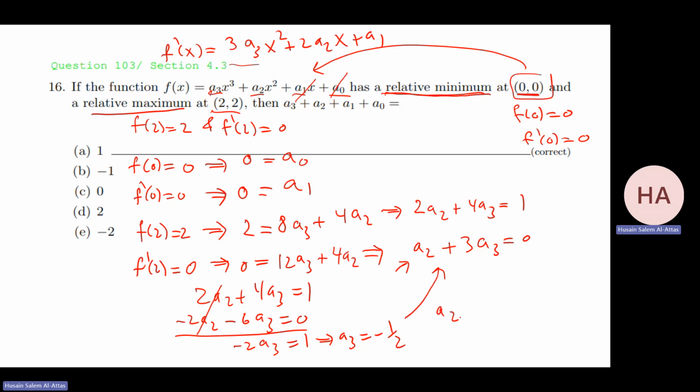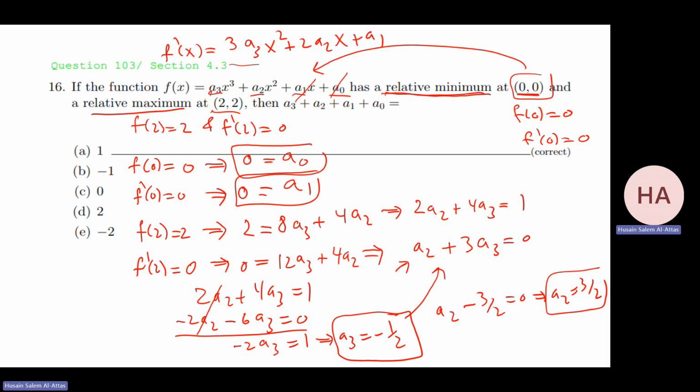So I have a2 minus 3 over 2 equals 0. So a2 equals 3 over 2. So I have a0, a1, a2, a3. Add them, you get what? a0 plus a1 plus a2 plus a3. That will be 0 plus 0 plus 3 over 2 minus half. That gives me 1, which is this one.